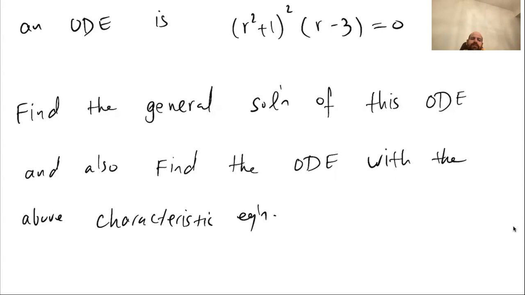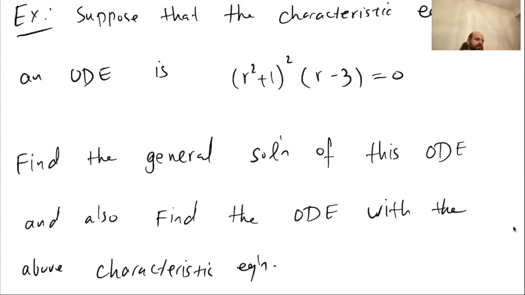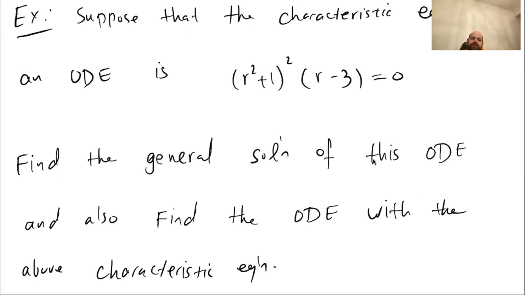So first, let's find the general solution of the ODE. Here the characteristic equation is of which degree? See, this is degree 4 times degree 1, so overall it is degree 5.